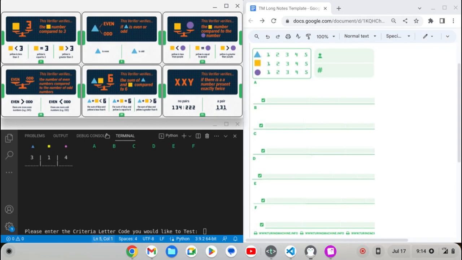And we're going to start with an initial proposal of 314. So the first thing I want to find out is a little bit more about that triangle digit, or first digit. So let me go ahead and test criteria card B. Okay, so the Turing machine approves of what I have. Notice that I did choose an odd 3 for my triangle value, and the Turing machine approves of it.